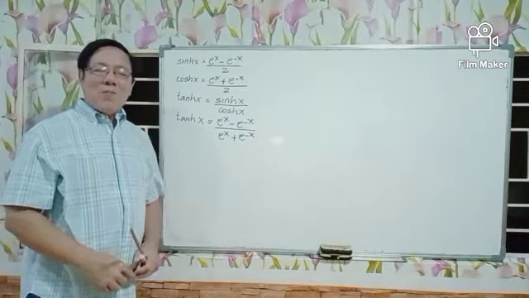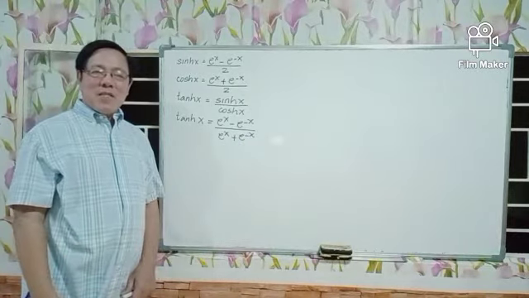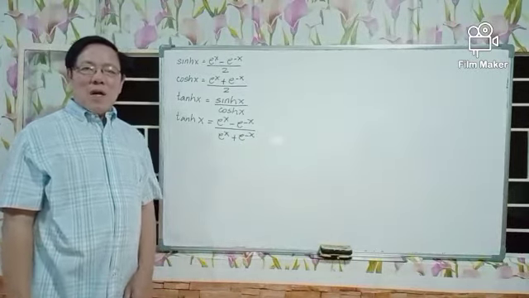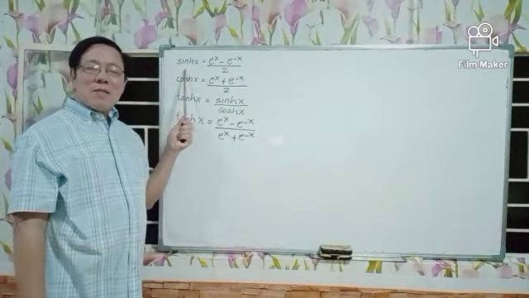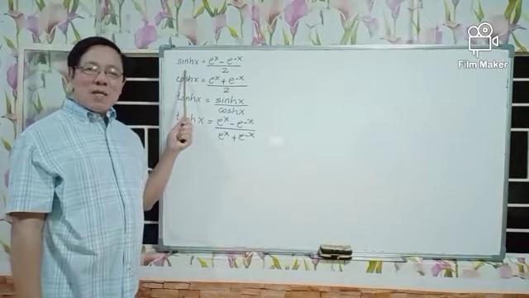And the last three hyperbolic functions are the reciprocals of the first three hyperbolic functions. The reciprocal of the hyperbolic sine is called the hyperbolic cosecant of x.